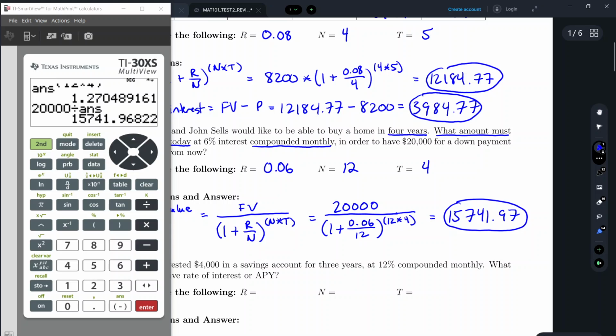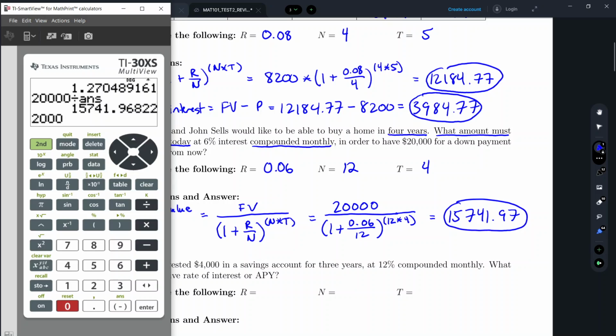Okay, so that's the present value, and just like before, if you want, you can also enter the calculation all at once. Just be careful you enter it essentially the way it's written. So you start with the 20,000, and then the fraction means dividing, and then make sure all the parentheses are in the right place. So you have parentheses 1 plus 0.06 divided by 12, close parentheses.